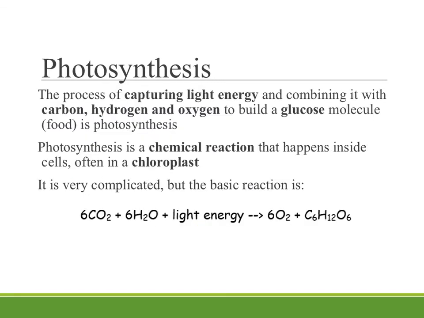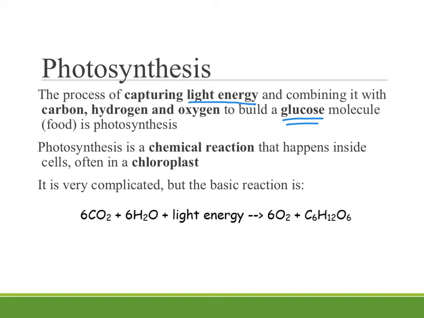So photosynthesis is this process of energy capture, of transforming light energy and putting it together with carbon, hydrogen, and oxygen, three very important elements that we've heard about in talking about the biological molecules that make up living things. So photosynthesis takes light energy plus carbon, hydrogen, and oxygen and builds a molecule of glucose. That glucose molecule then becomes a food molecule, or the basis for food.